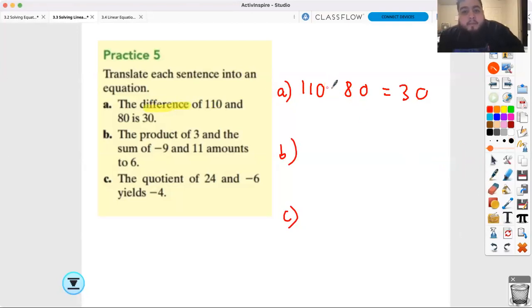And the keyword for minus is what word? Did I highlight? Difference. Yes, sir. Okay. All right. Anyone want to take a stab at C or B?